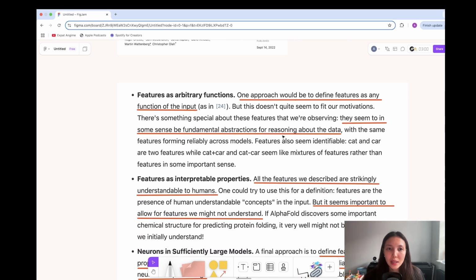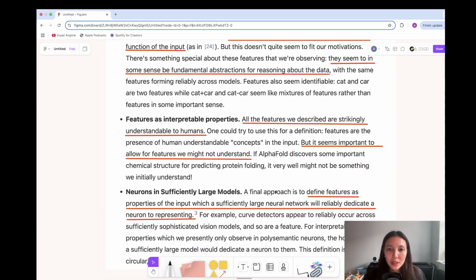So first, they say that it's intuitive to define a feature as an arbitrary function of input. However, empirically found features have something special about them. It seems like they are fundamental abstractions for reasoning about the data that the model finds useful to perform its task.